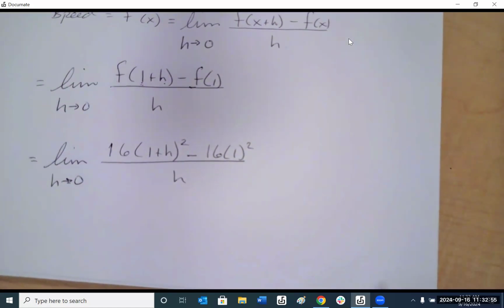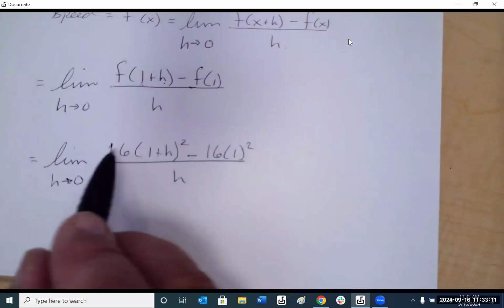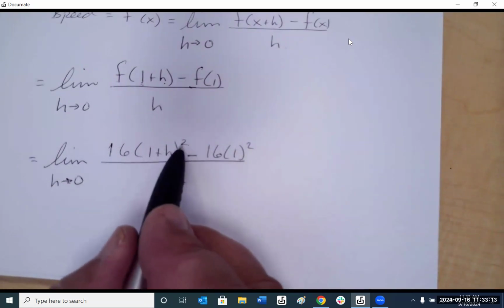What do I have to do next? Multiply what? No. We have a square. We have to get rid of parentheses. We have to square it first.